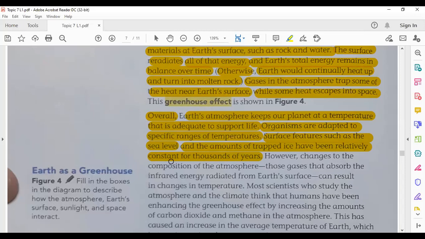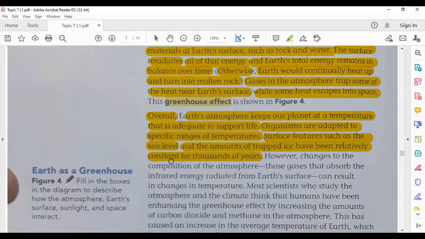But if the Earth's temperature increased, what will happen? What will happen to the ice if the temperature increased? The ice will melt.